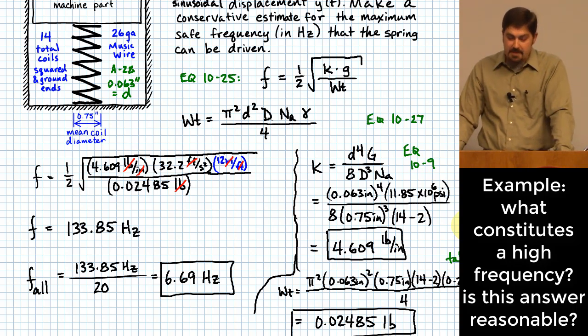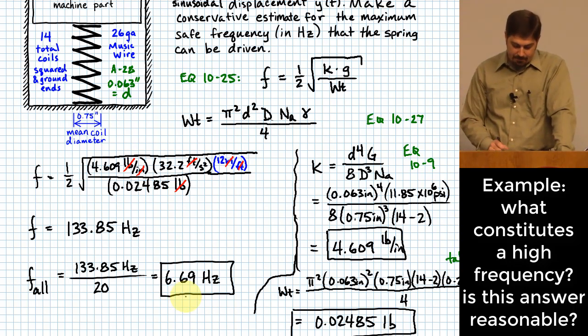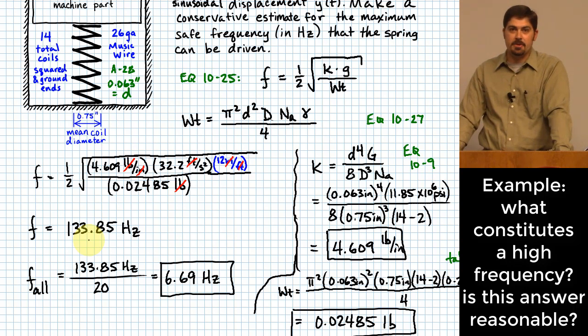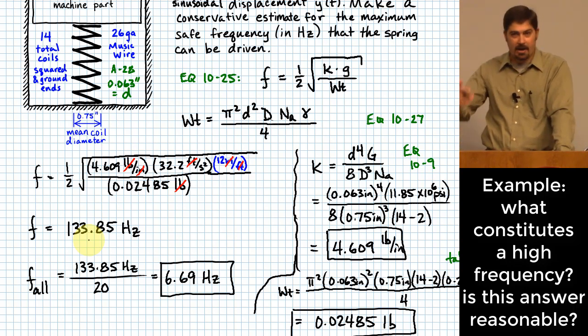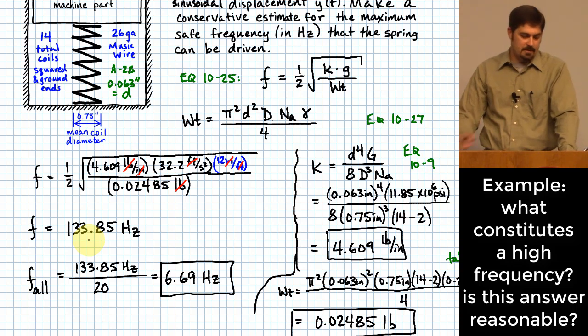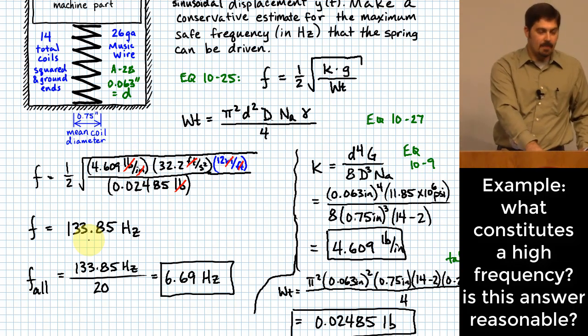It actually makes sense to me, I guess, is what I'm saying. This doesn't seem like an out-of-bounds presumption. Again, if you got all the way up to 133.85, that would be the worst, right? That'd be you intentionally driving it at that fundamental frequency. So we're going to back off of that significantly to make sure that we don't accidentally hit any harmonics that might cause problems. Yes, sir?